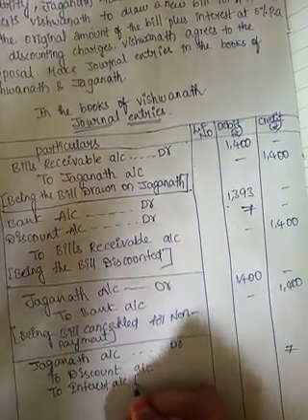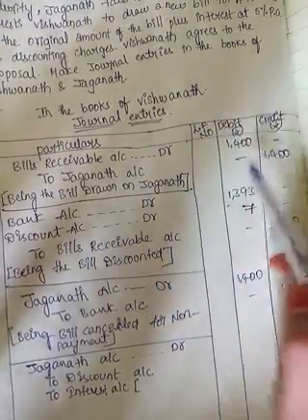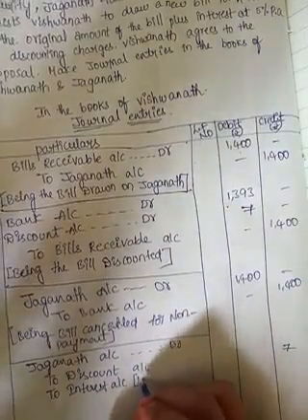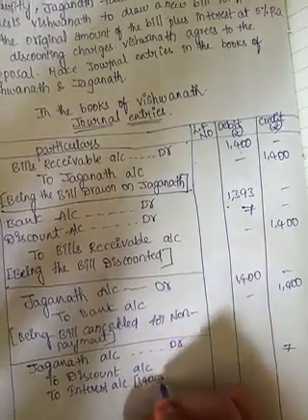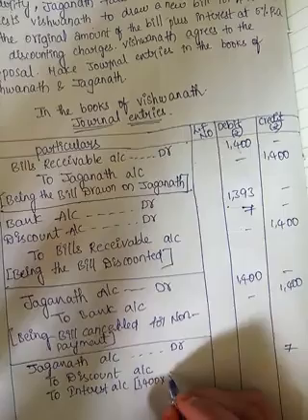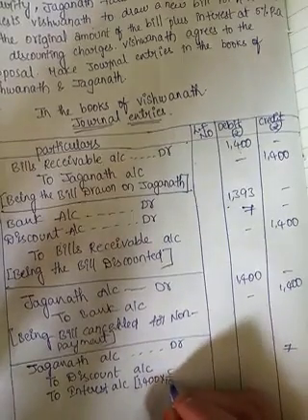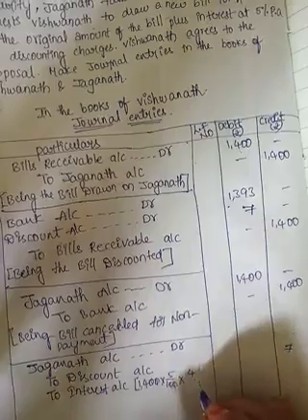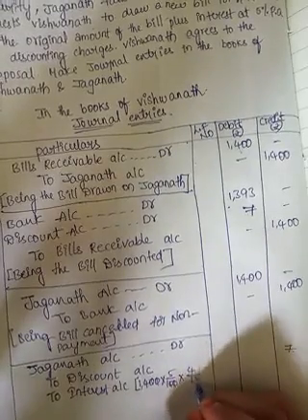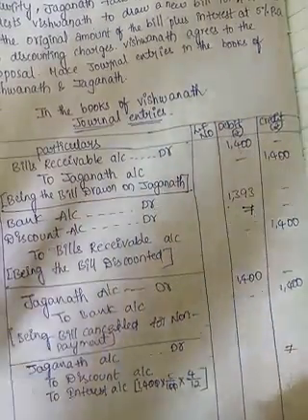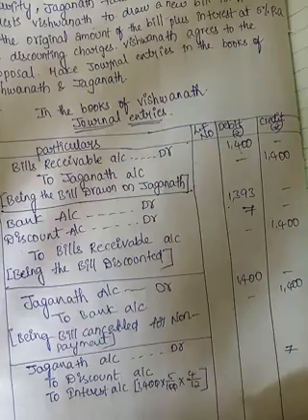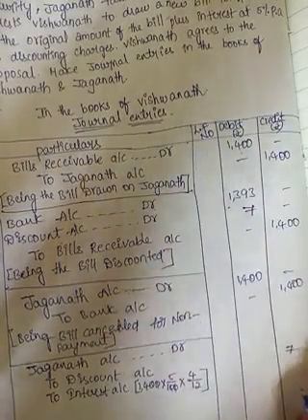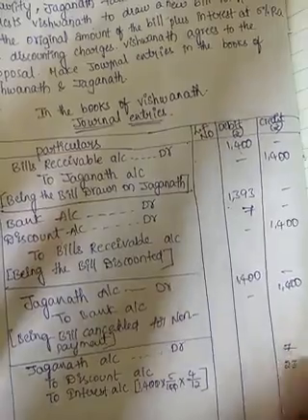Now see how we calculate this interest amount. The total amount is 1400. So 1400 into the rate of interest, 5%, that is 5 by 100, for 4 months, 4 divided by total 12 months. We'll get 23.33, so we'll write 23 rupees.